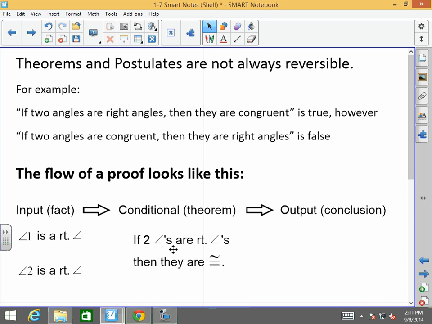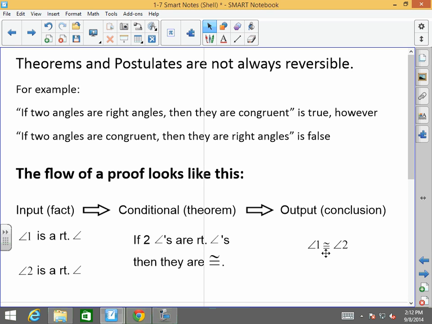The conditional is going to be the definition or the theorem. And then you have your output or conclusion, which is angle 1 must be congruent to angle 2. That's the way you want to train your brain to think and flow through proofs.